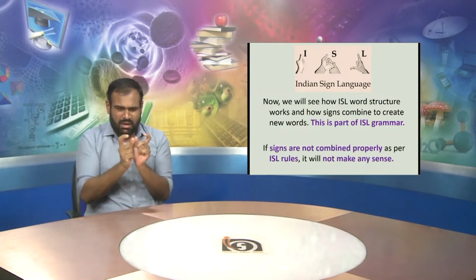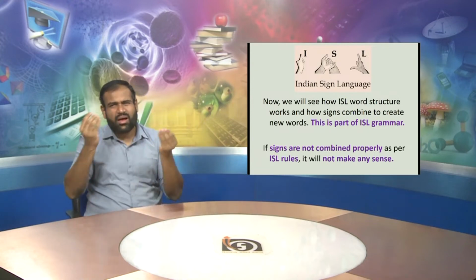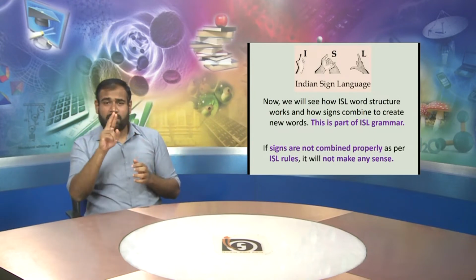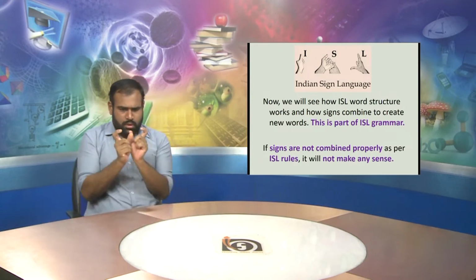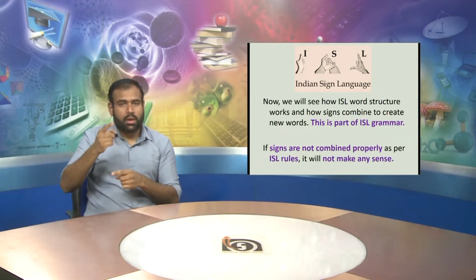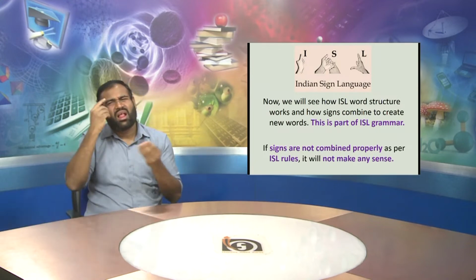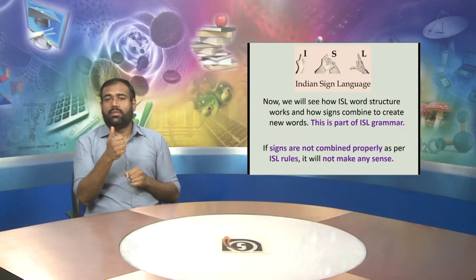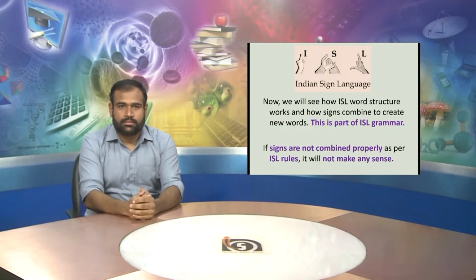And if the signs are not combined properly as per the ISL rules, then it will not make any sense and you will misinterpret the meaning. So using correct grammar is important and using correct combination of the signs is also important. It is not that we randomly use any sign and make so many mistakes. No, it is not so. We have to think and then use the signs together.